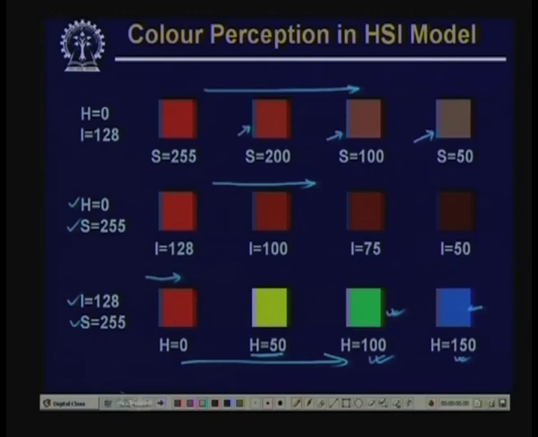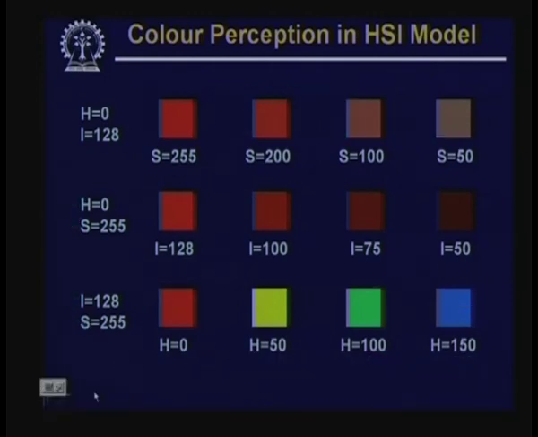So, with this we have introduced the various color models: the RGB color space, the CMY or cyan, magenta and yellow color space, and also CMYK, that is cyan, magenta, yellow and black color space, and we have also introduced the HSI color space. We have seen that given the specification of any color in any of the spaces, we can convert from one space to another.